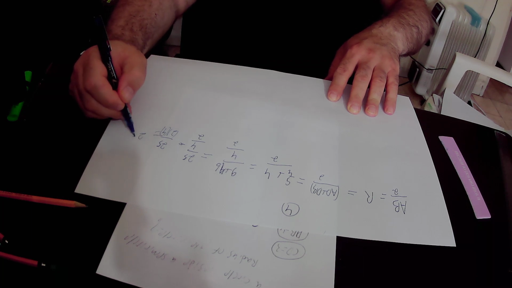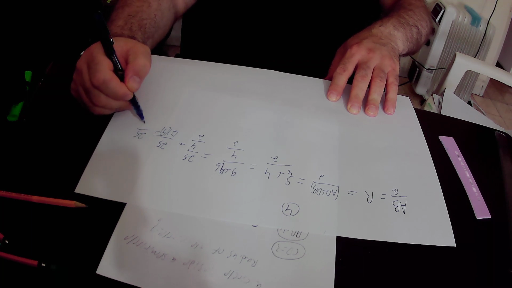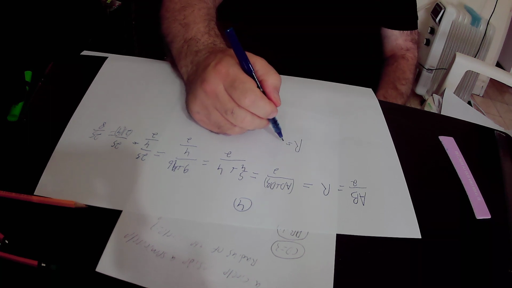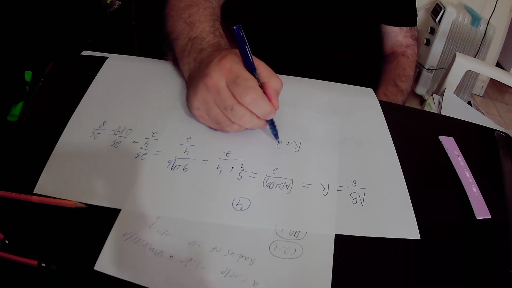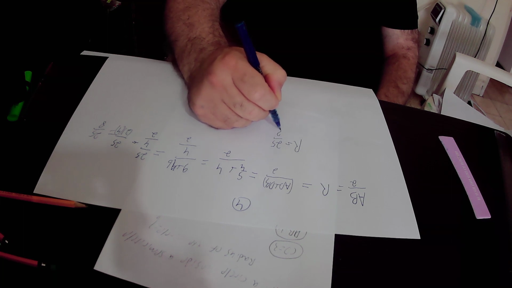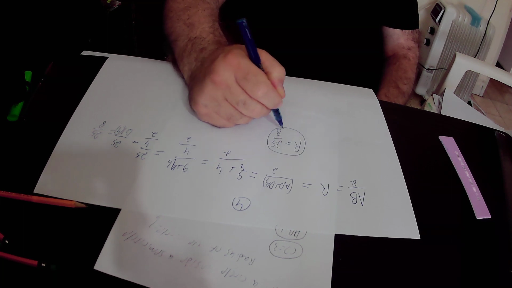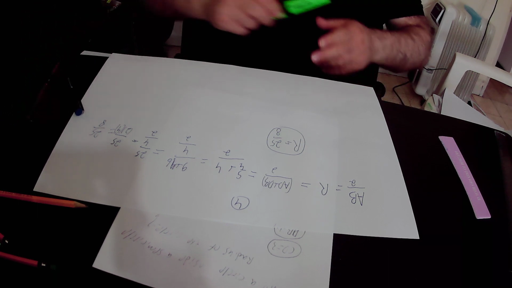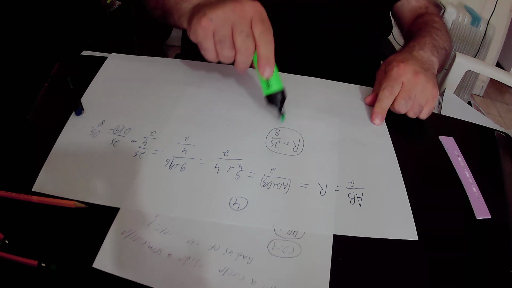So in conclusion, the radius of the circle and the semicircle equals 25 over 8 units. Here, capital R, the radius of the circle and the semicircle, equals 25 over 8 units. Okay? So we found the radius of the circle and the semicircle.